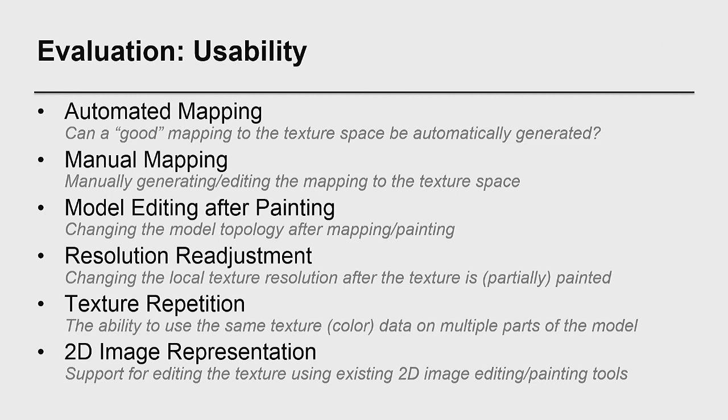If you realize that you need more resolution at some point, can you do that? Or you realize, oh, you actually didn't need that much resolution at some point. Can you go back and reduce your resolution locally? Can you have texture repetition? Can I take a texture of something and repeat it all over the model? Can I have a 2D image representation so I can use my existing 2D image editing tools, right?